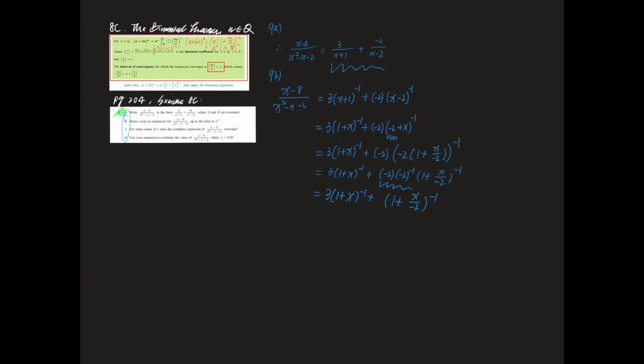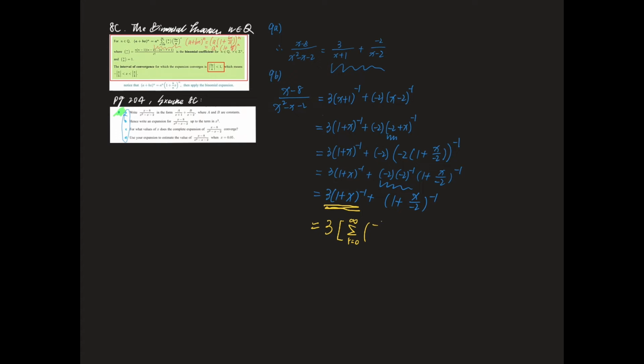Let's look at our formula again and see if we can expand it. If we're going to expand the first section, I'm going to change the color. I'm going to use yellow now. The first section of this one, if we expand that, let's put the 3 outside, and the rest of it, using the formula, is just the sum from r equal to 0 to infinity of n choose r.